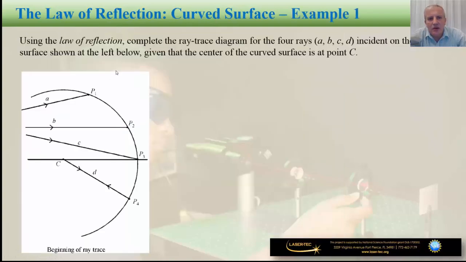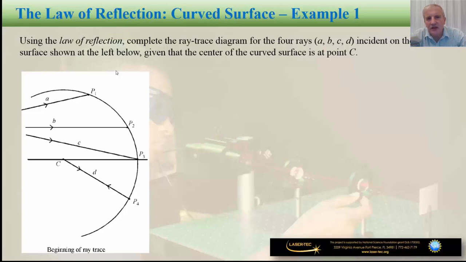So here's an example. What we have here is a so-called concave curved mirror, and what you can see are four light rays labeled A, B, C, and D. You are asked to apply the law of reflection and create a complete so-called ray trace diagram of the four light rays.